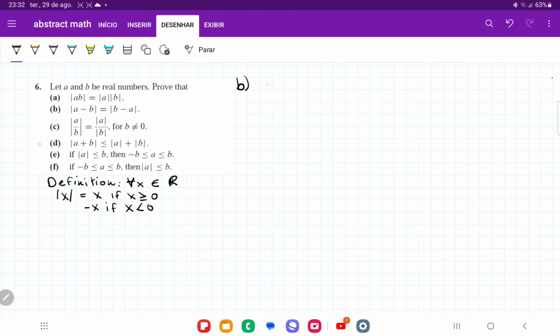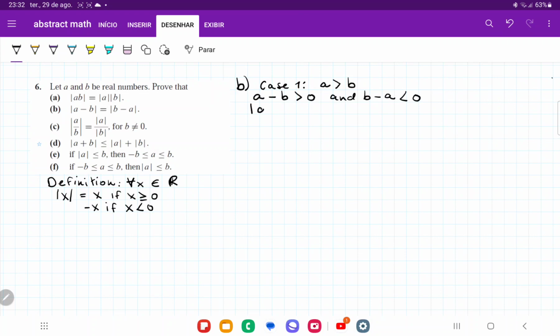So case 1 is going to be when A is bigger than B. In this case, it means that A minus B is going to be greater than 0, and B minus A is going to be less than 0.